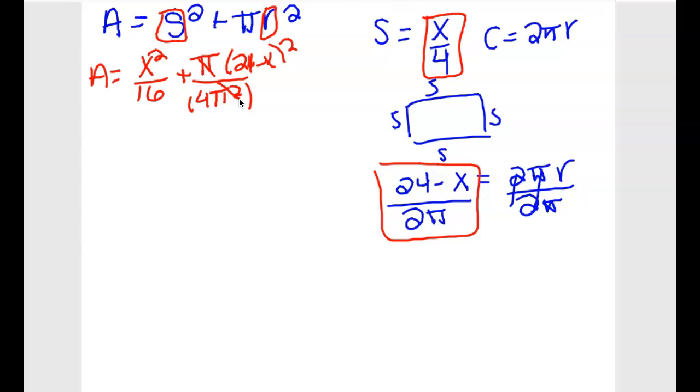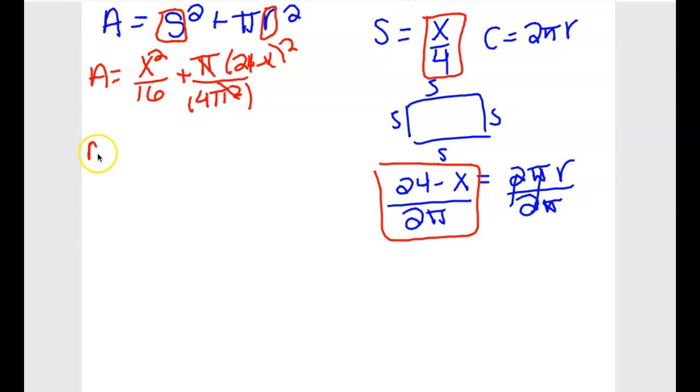And then 24 minus x squared. Personally, big number, I'm doing the chain rule on that one, as opposed to foiling it, because the derivative of 24 minus x is negative 1. Sometimes the chain rule is better than foiling because it helps keep my numbers small.